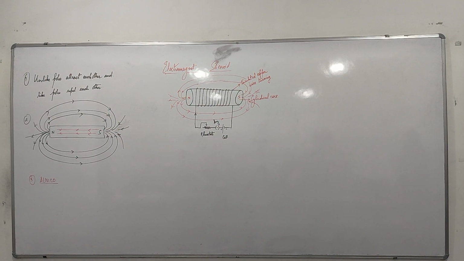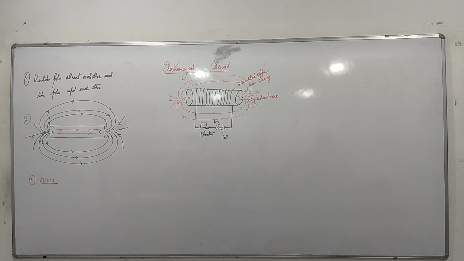What type of magnetic field is being produced by your wire depends upon first of all the magnitude of electric current and the direction of flow of current. If you reverse the flow of current, see what happens in the next part. In the first part the current is flowing from south to north direction, therefore your north pole is getting attracted towards it.